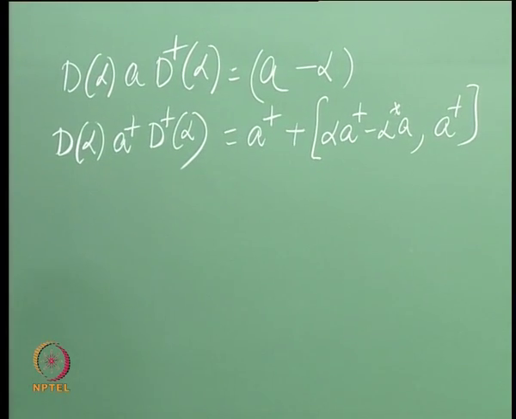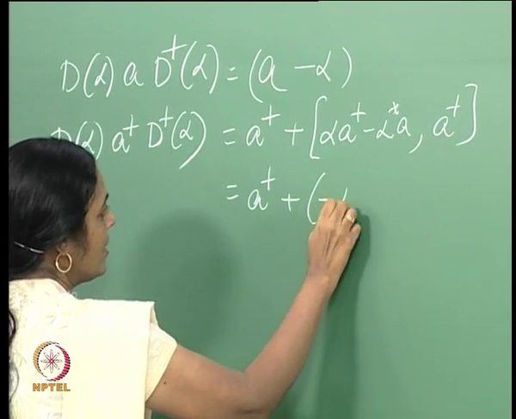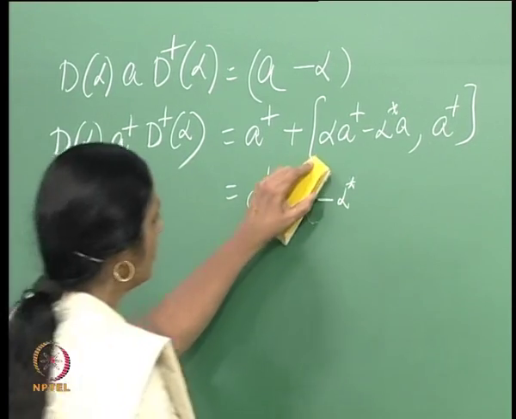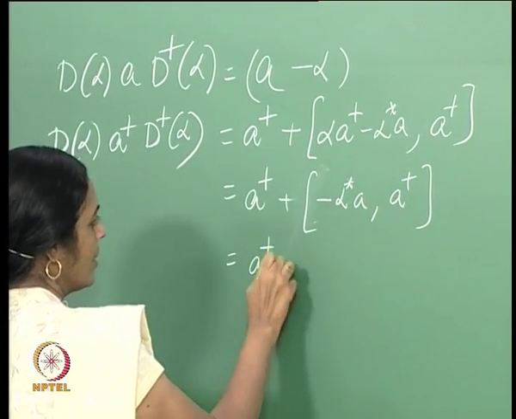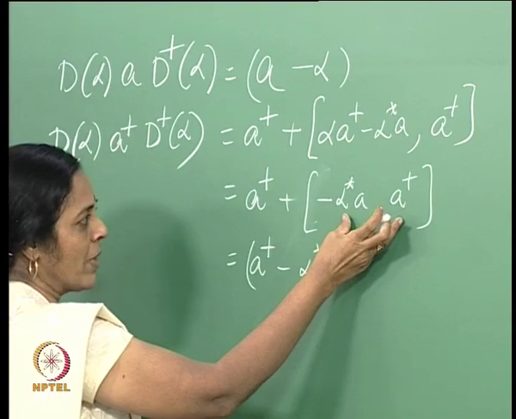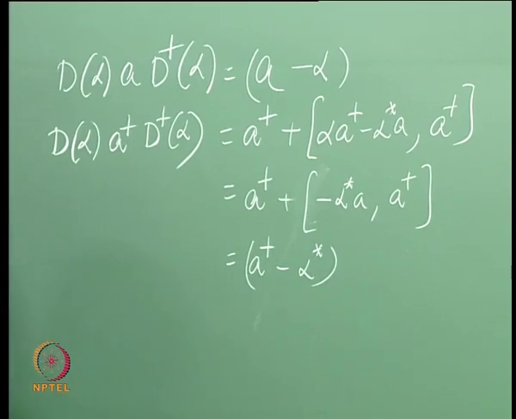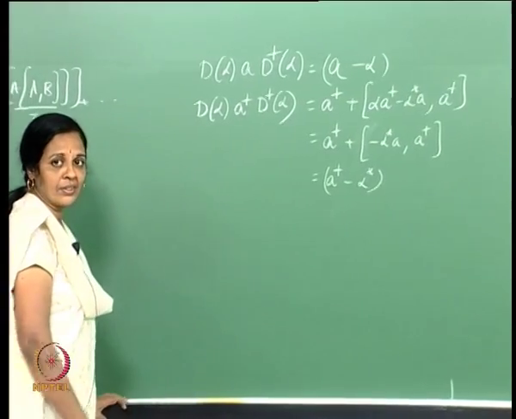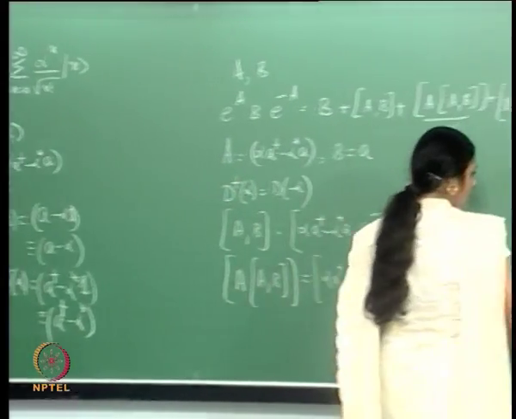All other commutators are 0, minus alpha star a with a dagger in the commutator, and that is a dagger minus alpha star. Since this is just minus alpha star times identity, all other higher commutators out here would vanish, and therefore I have D of alpha a dagger D dagger of alpha is a dagger minus alpha star. That is how I establish these identities. So now we have the following picture.